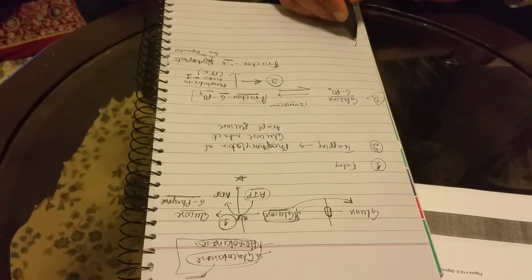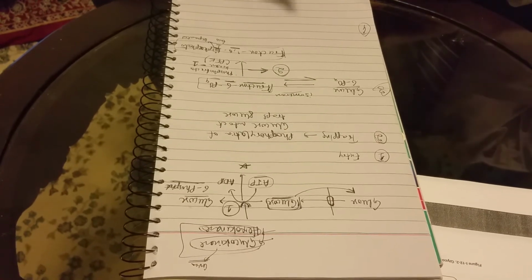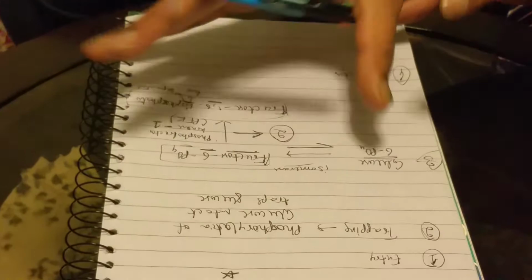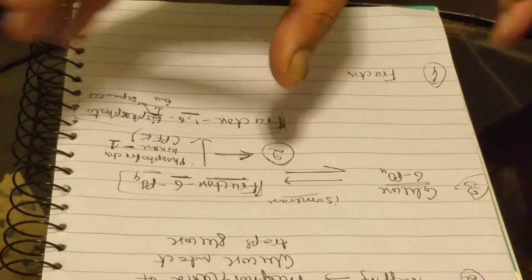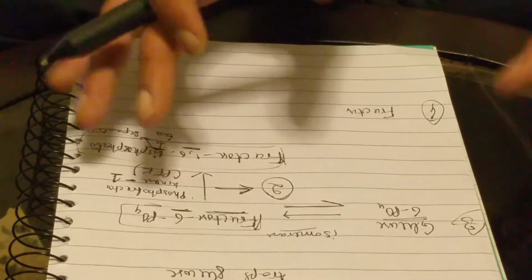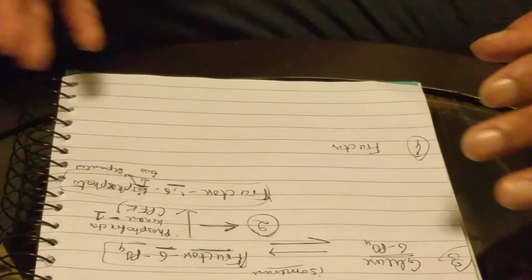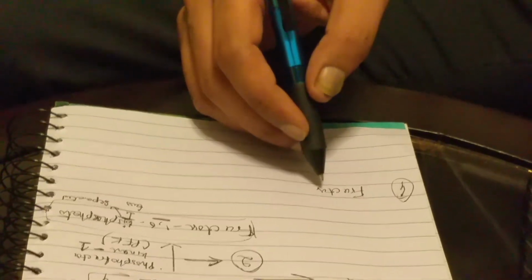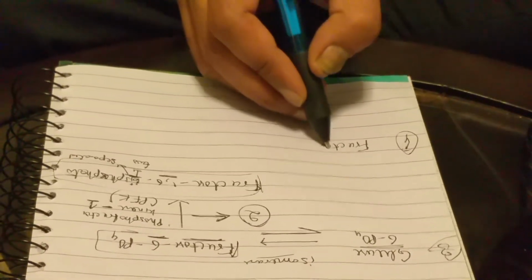Now, the fourth step. The role of PFK2, phosphofructokinase 2, is important. I will explain it in a while, but before going into that, let us see what is going to happen with this fructose 1,6-bisphosphate.